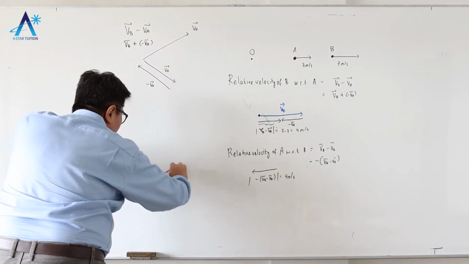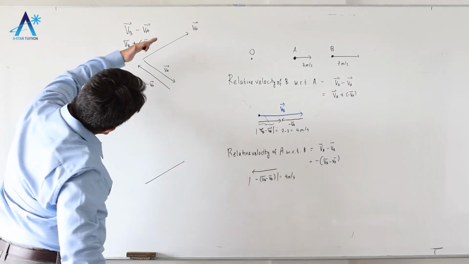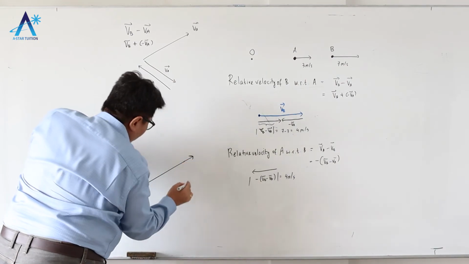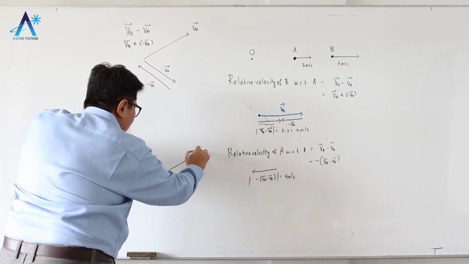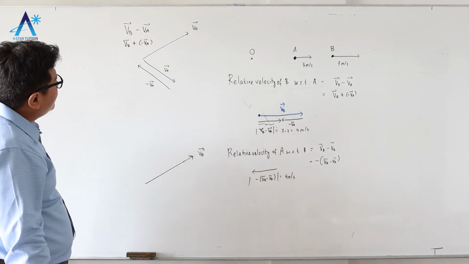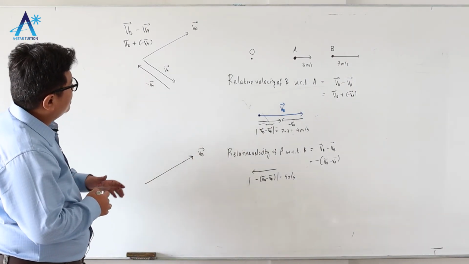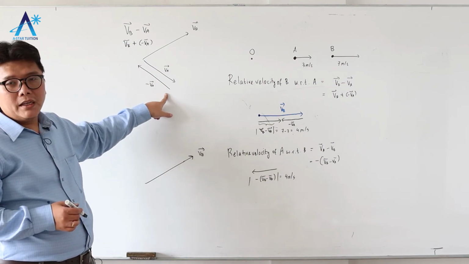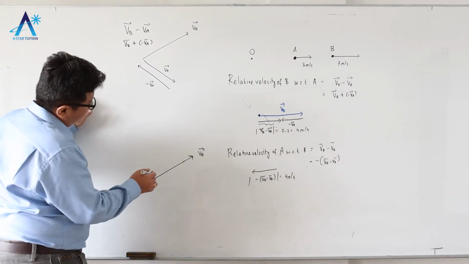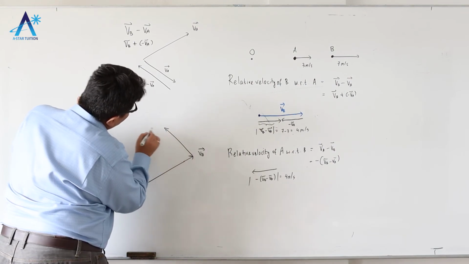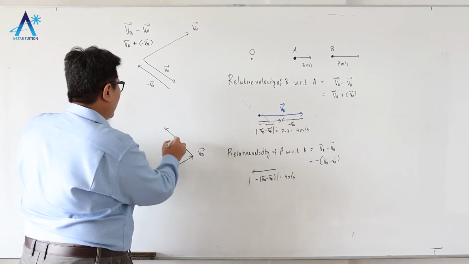Let's say VB is this, more or less the same, parallel. Okay, and minus VA would be this. Then you need to put the tail of minus VA to the tip of VB, like this. Now this is minus VA.